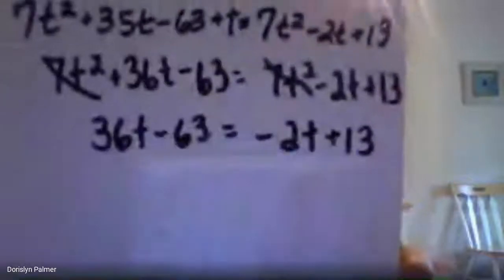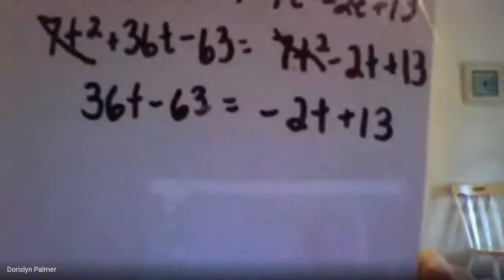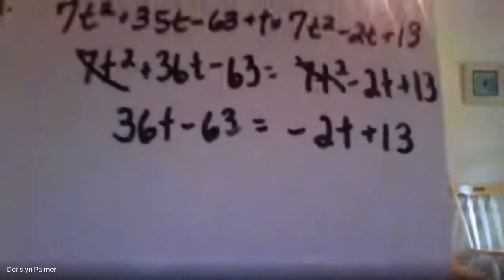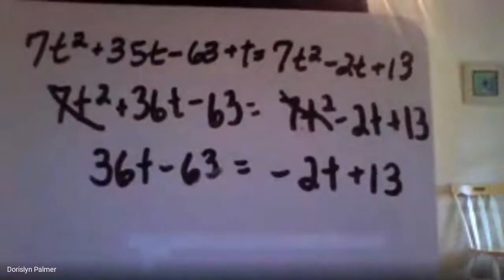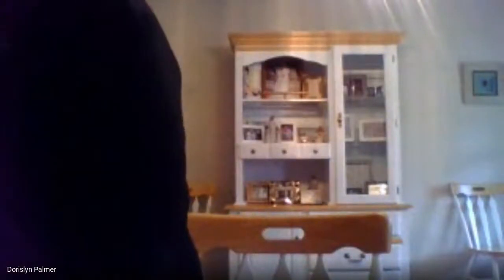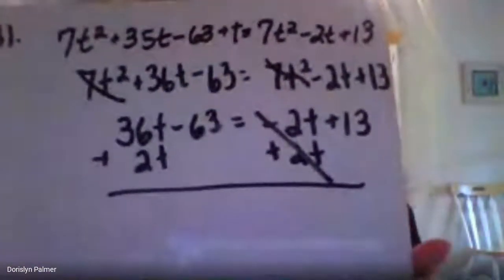All right. So now we're down to something that's pretty common for you guys to solve. We want to get everything with the variable on one side and all the constants on the other. So we'll add 2t to both sides. All right, the 2t's cancel out on the right. We say, woo!